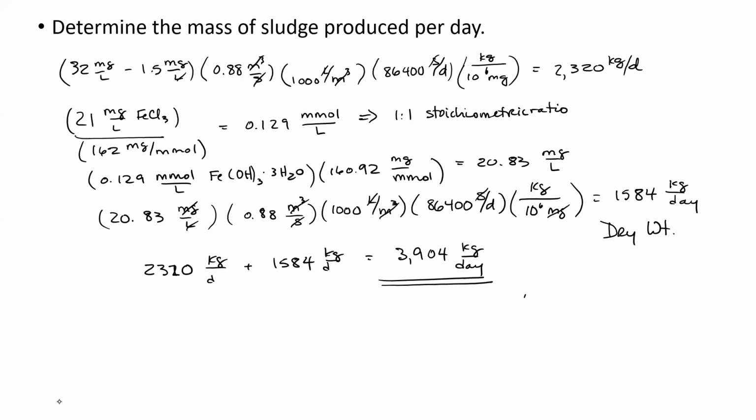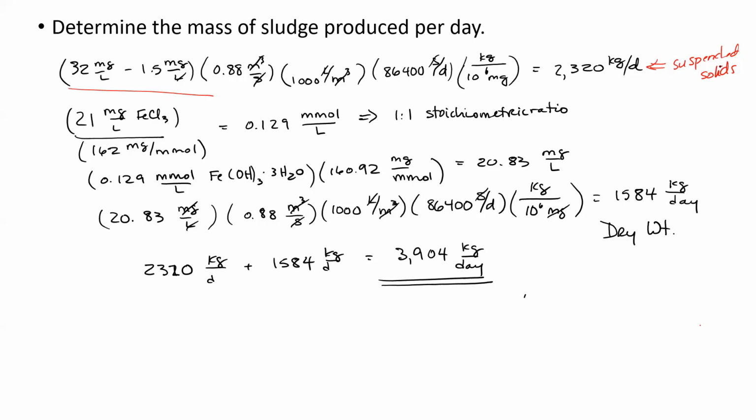We then calculated the amount of sludge produced. Notice we have sludge here from the suspended solids, so this is the removal of suspended solids. We then looked at the stoichiometric equation.